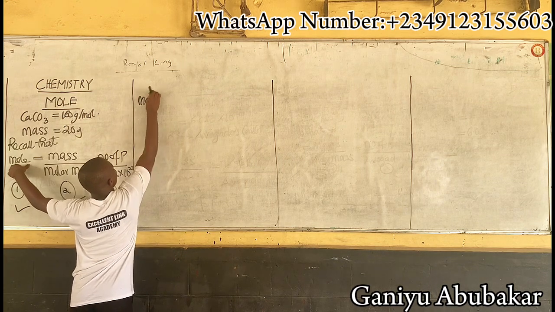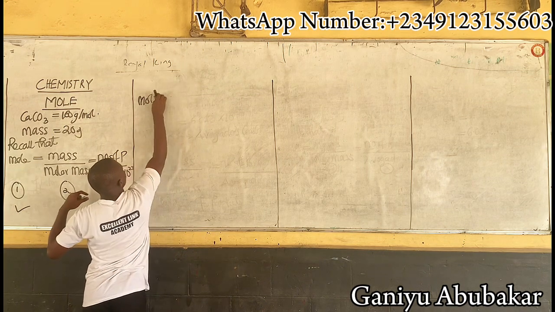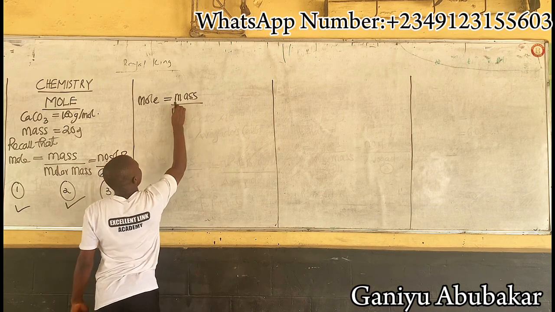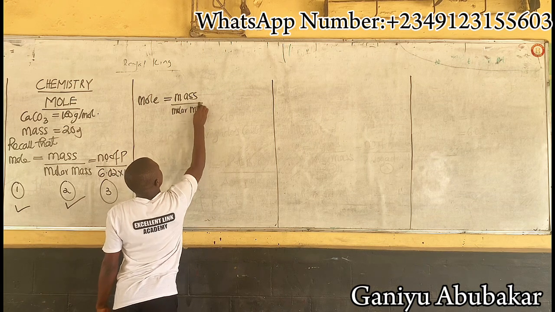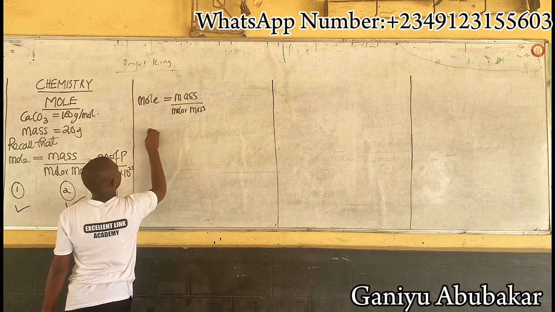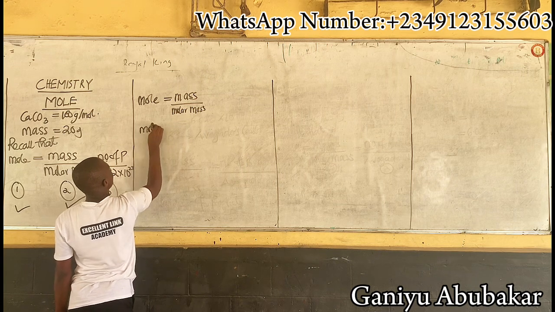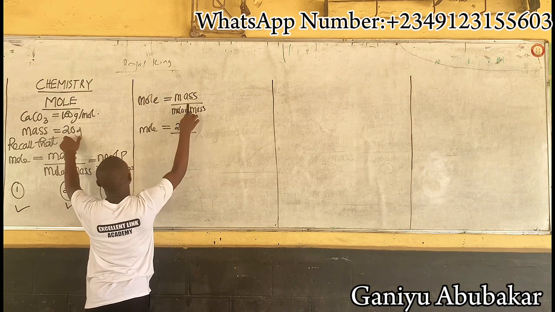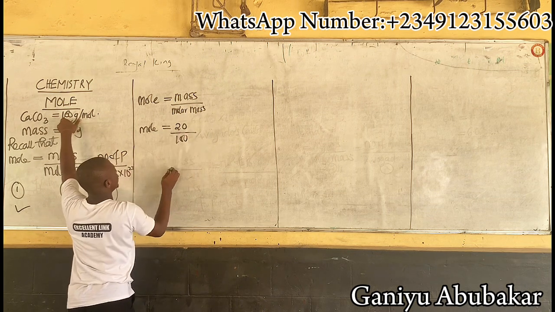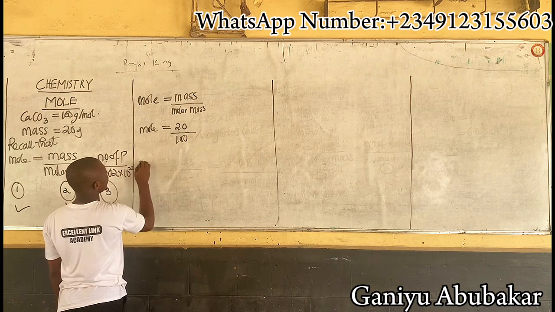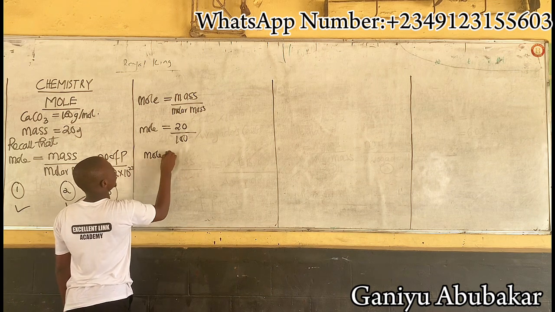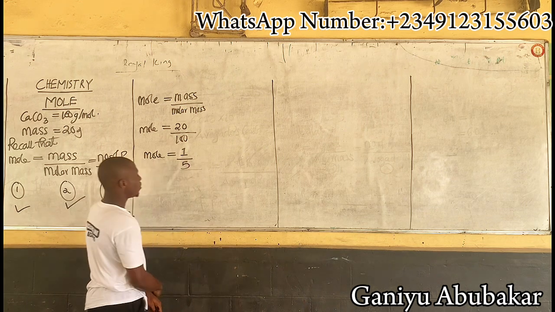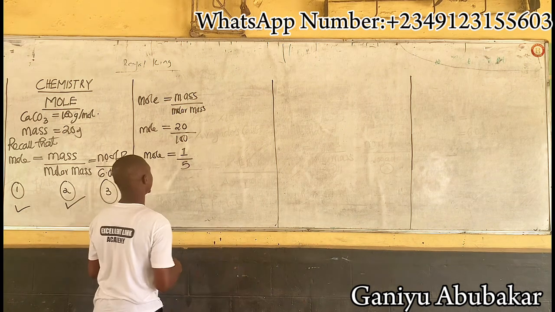That is, mole will be equal to mass all over molar mass. I'm looking for mole, so I'll write mole is equal to, what's the mass given? 20 over, what's the molar mass? That's 100. In this case, mole is equal to 1 over 5, which is equal to 0.2.